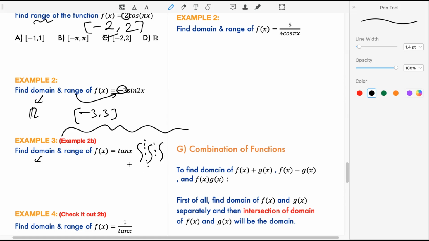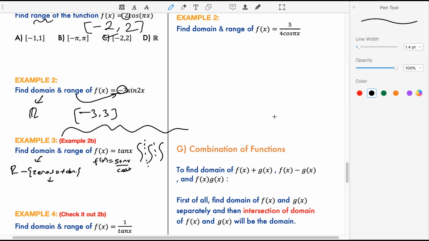When you rewrite tangent, it is sine x over cosine x, and it becomes a rational expression, and we have a denominator. For rationals, remember, the domain is all real numbers except what makes the denominator 0. So the domain is R minus the zeros of the denominator. What is the denominator? Cosine x.